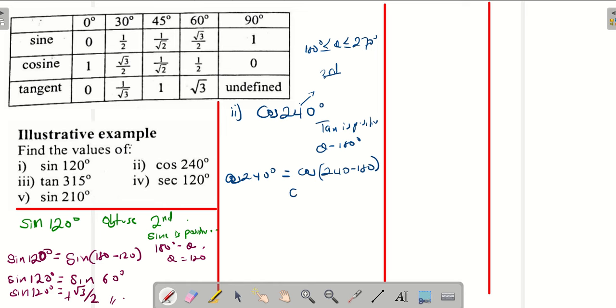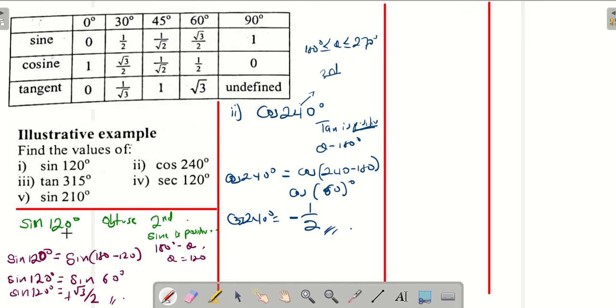We are going to get cos 60 degrees. And we know that cos 60 is 1 over 2. So the answer is 1 over 2. But in the third quadrant, it is only tan which is positive. Therefore, because you are looking for cos 240 degrees, the answer has to be negative. So you negate it. Don't forget the negative.